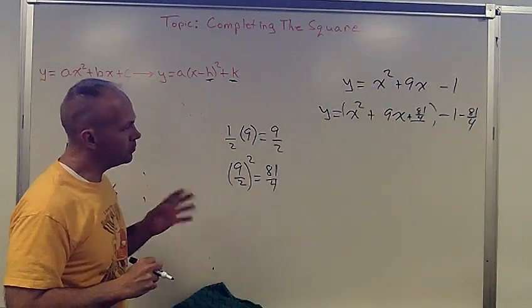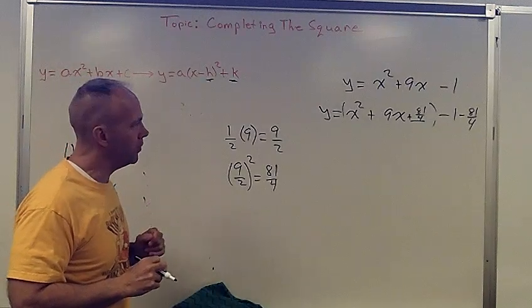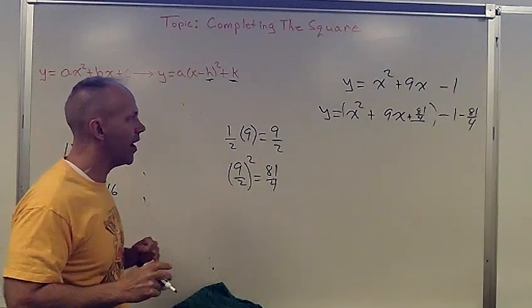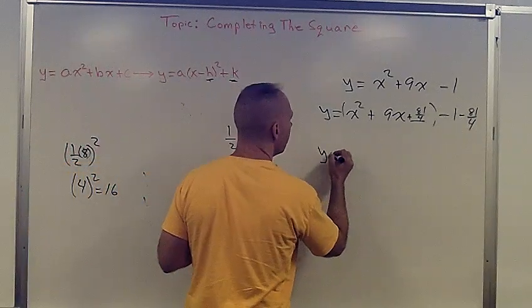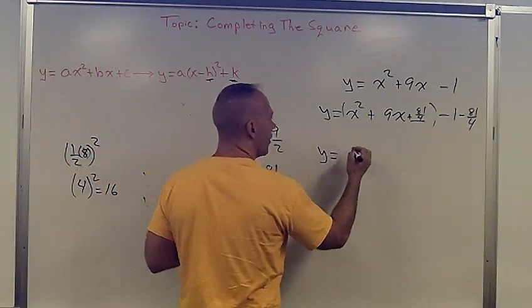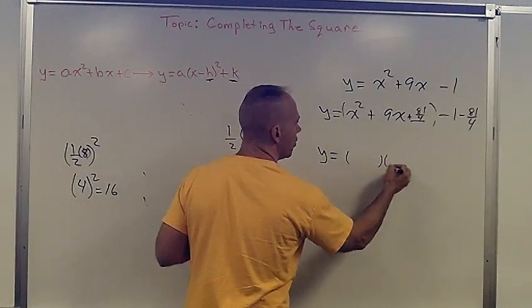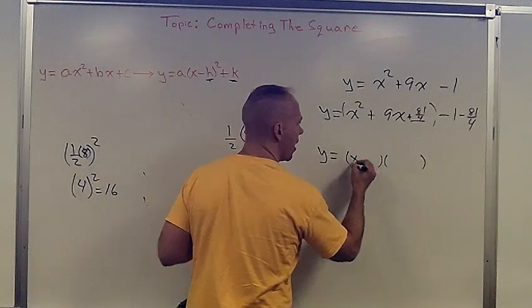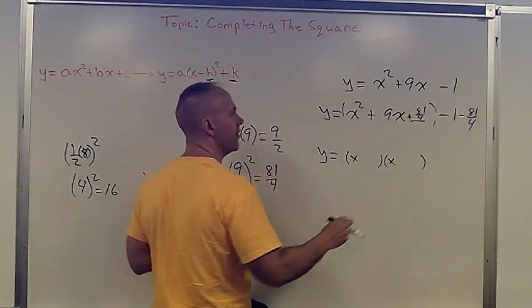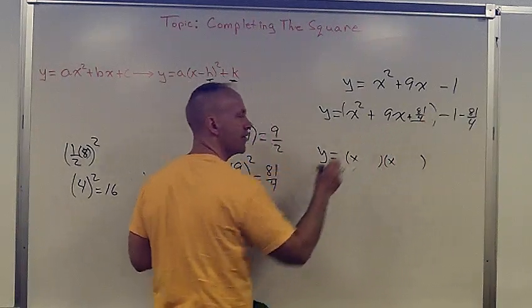Now, here's where it gets a little bit tricky with the factoring when you've got fractions. But I think I can show you a shortcut. Because normally we'd say, okay, it factors into two binomials, and first terms are x, and then we say factors of this that add to this.